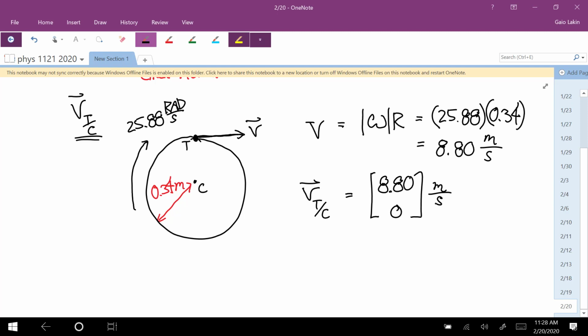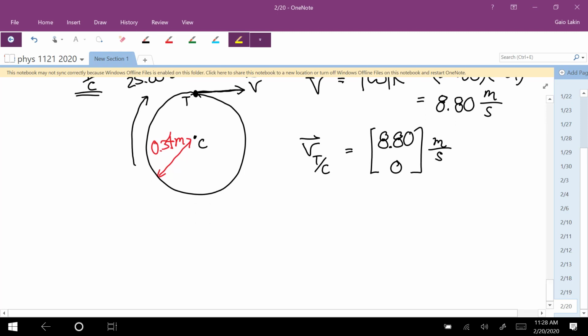And now we just have to put that into the relative motion equation. So the velocity of the top relative to the ground is equal to the velocity of the top relative to the center plus the velocity of the center relative to the ground.